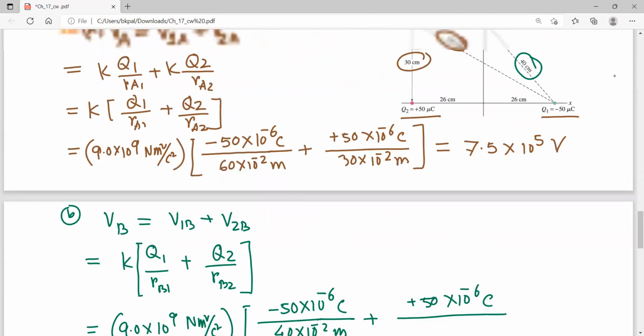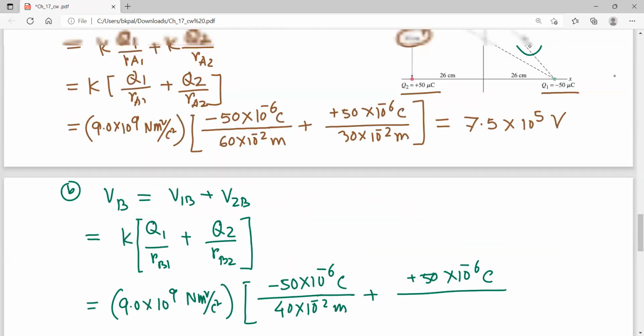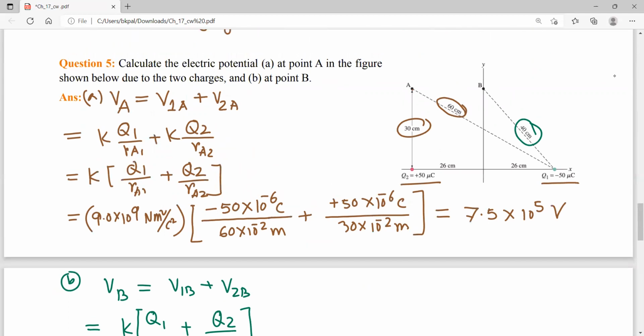And what is RB2? RB2 is this distance. You see that this is 26, this is 26. Because this line is at the middle, the distance from Q2 to B will be exactly 40 centimeter.